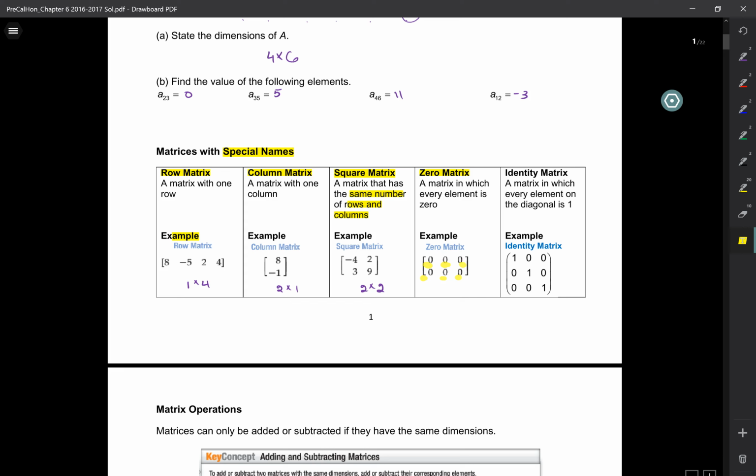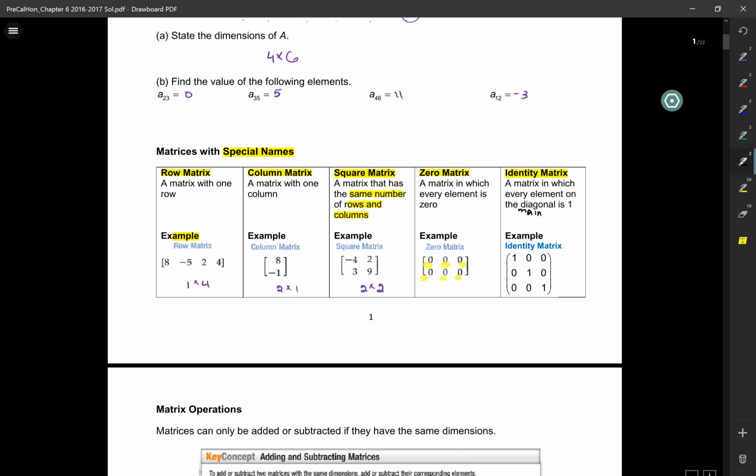Now, an identity matrix, this one is crucial. An identity matrix is a matrix in which every element on the main diagonal is 1. All right, so what is the main diagonal?